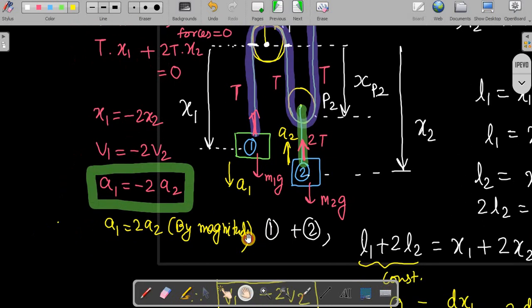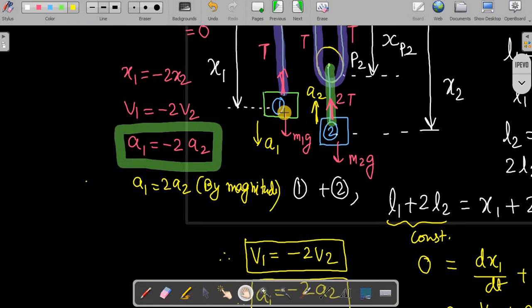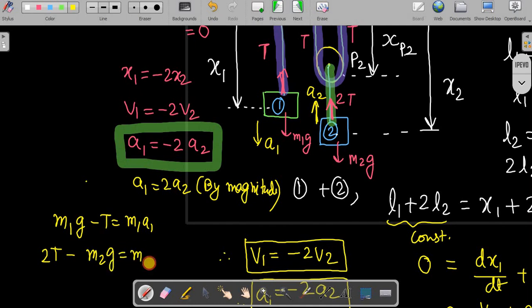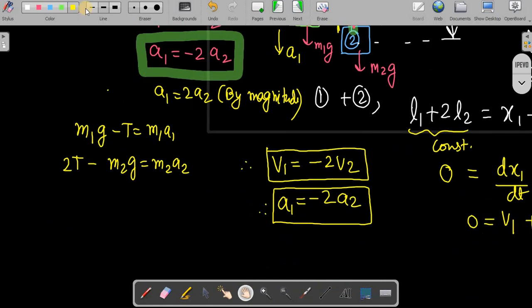So now let's understand an important thing: if I apply Newton's second law to the first one, it is going down, so I will write the equation m1g minus T is m1a1, right? Similarly, I will write the equation on the second block: 2T minus m2g is equal to m2a2.